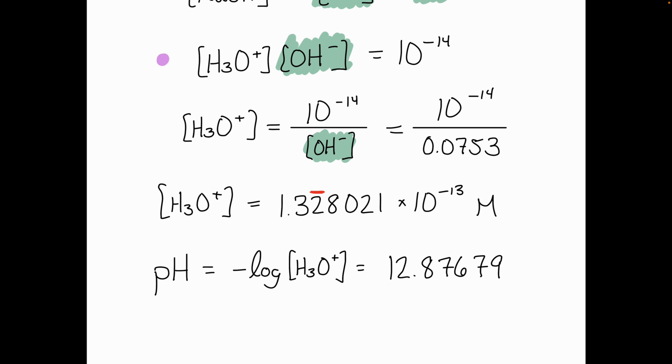And if I'm going to be good and round this to the correct number of sig figs, I'm going to pay attention to the number of significant figures in my input, and that corresponds to the number of decimal places in my pH. So my pH of this solution is 12.877.